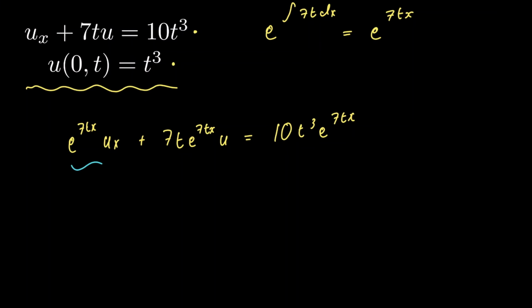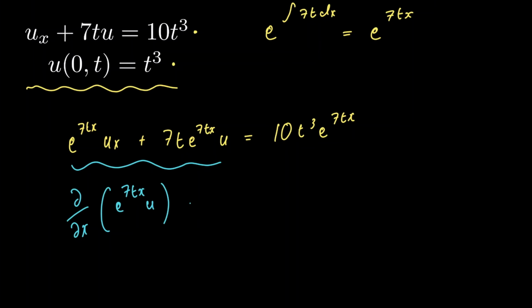Now we can rewrite the left hand side using the product rule for partial derivatives. Doing so, we have the partial derivative with respect to x of e raised to 7tx times u, and this is equal to 10 t cubed times e raised to 7tx.